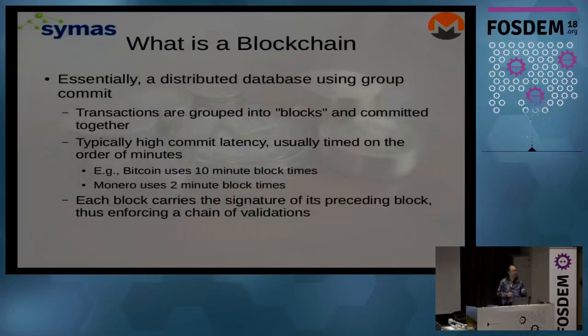In Bitcoin, the block time is 10 minutes, so a block is committed on average once every 10 minutes. In Monero, the block time is 2 minutes. Every block carries the digital hash of its preceding block, and so from the very beginning, you can trace the chain of hashes and prove that every one is authentic.